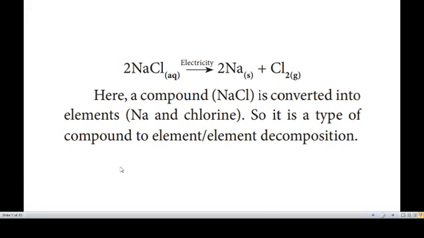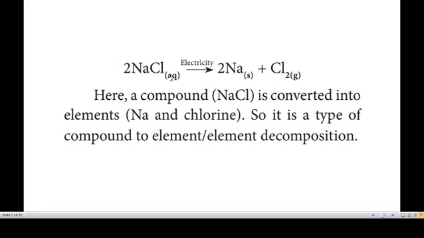This is electrolytic decomposition by passing electricity. This is an important condition: sodium chloride aqueous solution, meaning sodium chloride dissolved in water. After passing electricity, it is split into sodium and chlorine.